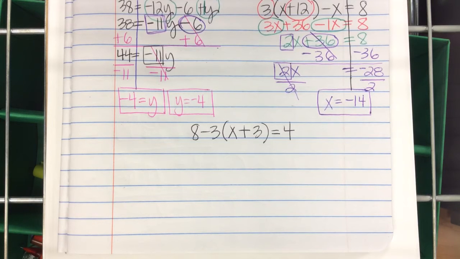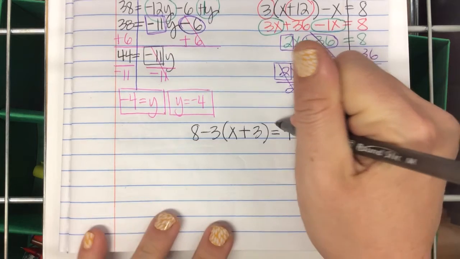8 minus 3 times x plus 3 equals 4. All right, draw a line on the equal sign.